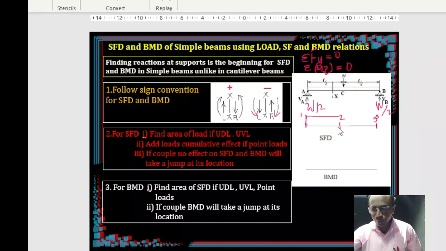We are moving from left to right, so your W is going to be minus W, right? So already plus W by 2 is there, and this becomes minus W. So now the algebraic sum is minus W by 2. So here the ordinate is plus, and the value is W by 2.